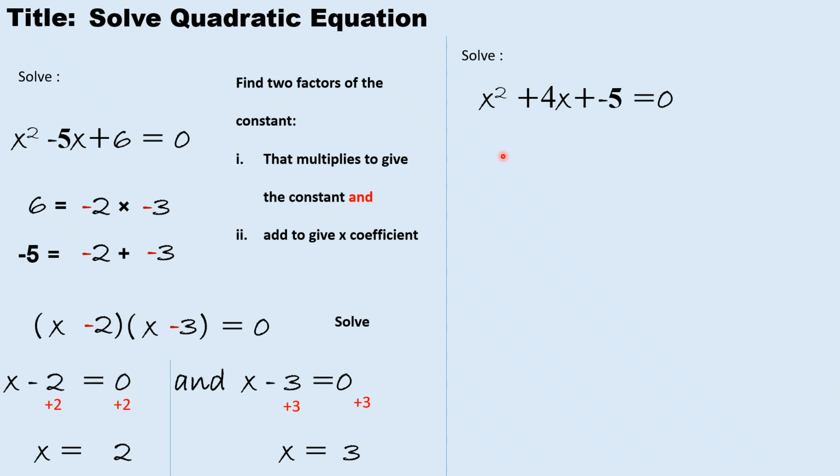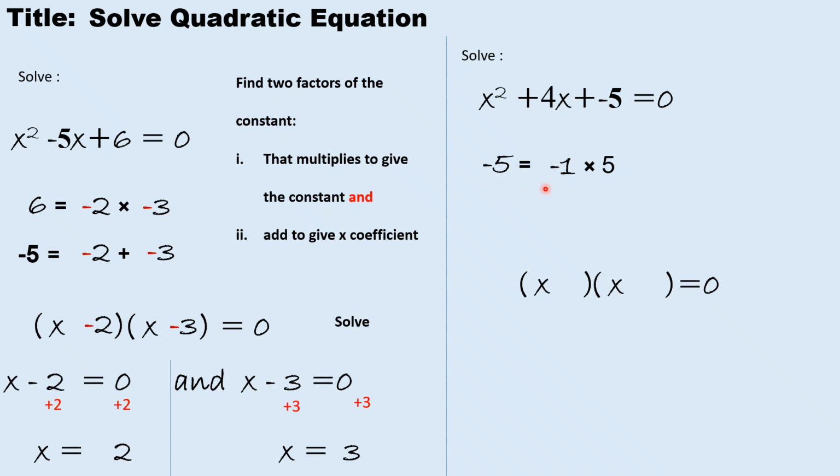Okay, so let's start with our constant, minus 5. And then minus 1 multiplied by 5 will give us minus 5. So remember, a negative multiplied by a positive will give you a negative. Therefore, negative 1 multiplied by 5 will give you negative 5.